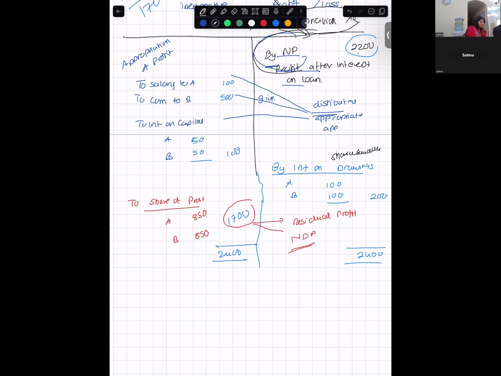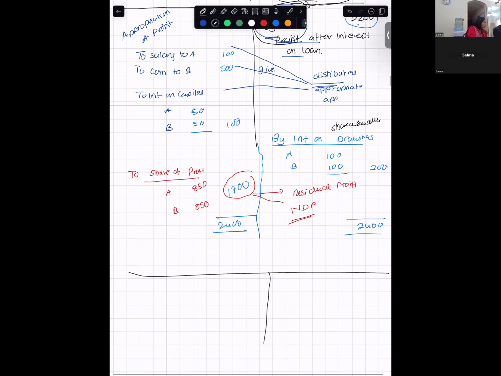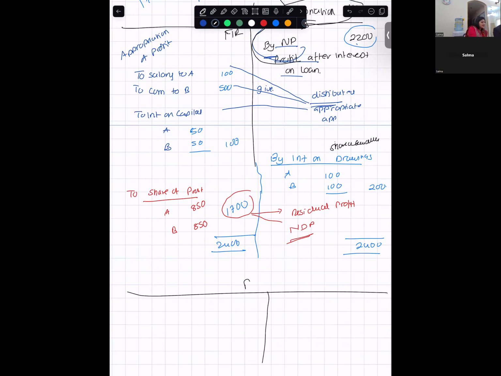Appropriation of profits happens between the firm and partners. So for the firm, I will make the profit and loss appropriation account, and for the partners, I will make the partners' capital account.